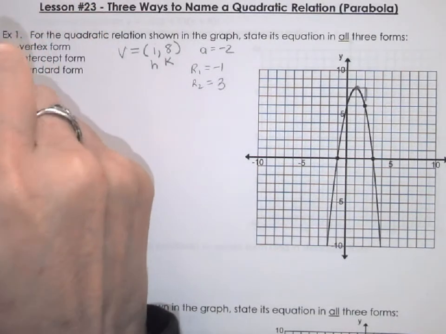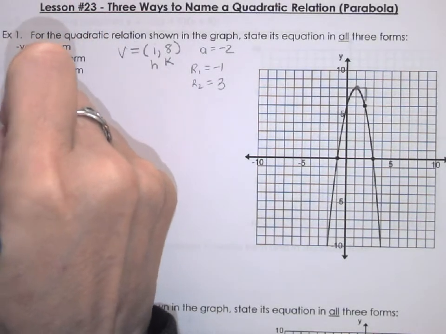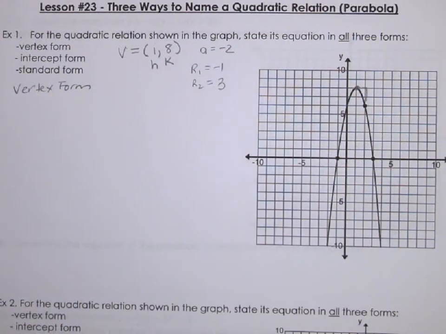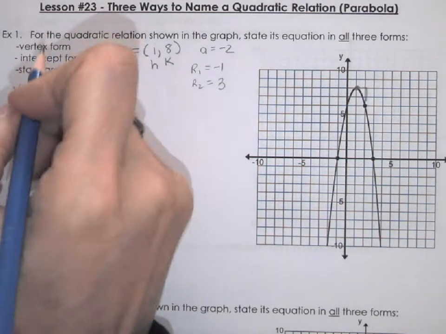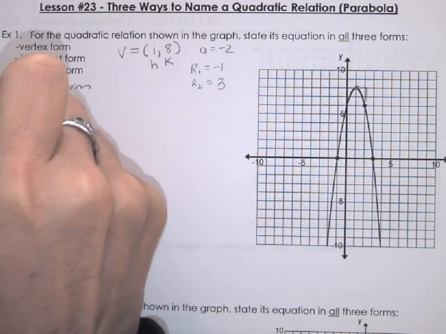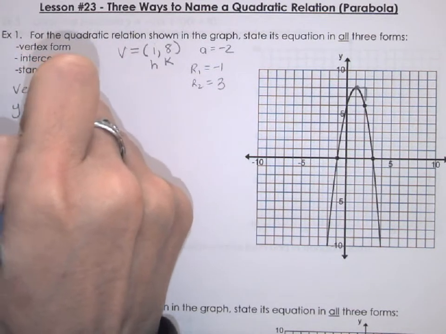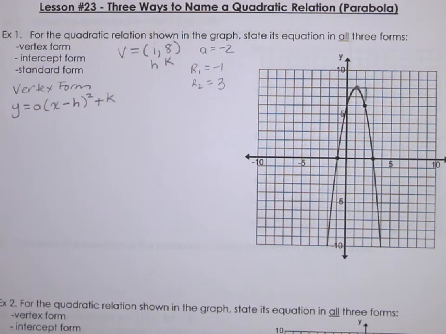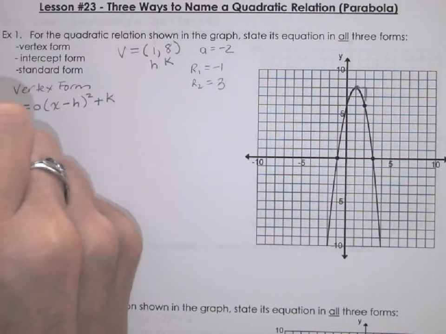I'm going to start off with vertex form. So basically when you're finding the equation, if you're given all these values like we are, it's pretty straightforward to find vertex form and intercept form just by substituting into the general formula for each. So the general formula again for vertex form is y equals a times (x minus h) squared plus k. And we know a, h, and k, so we can substitute them in.